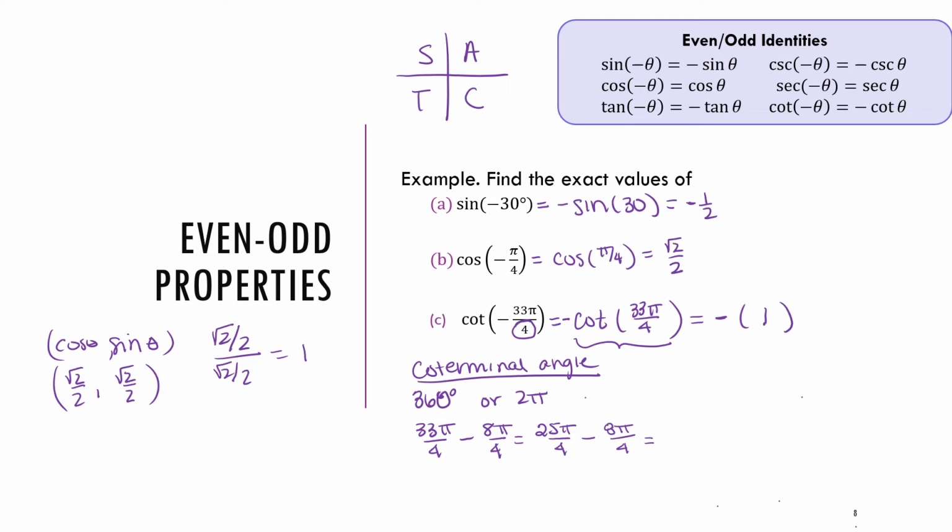That'll give us 17. Subtract another 8 pi. That gives us 9. Still not less than 8. And then we're going to subtract 8 pi again and get pi over 4. Well, that's quadrant 1. So my value in here is positive, so that gives us a -1 for that answer. But there's a good review for coterminal angles.